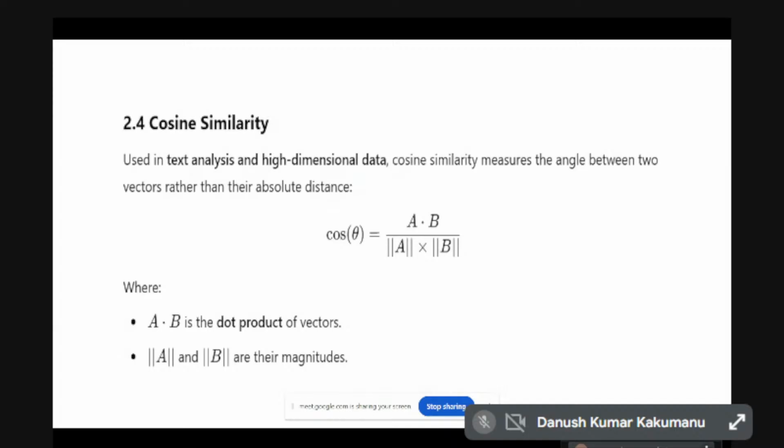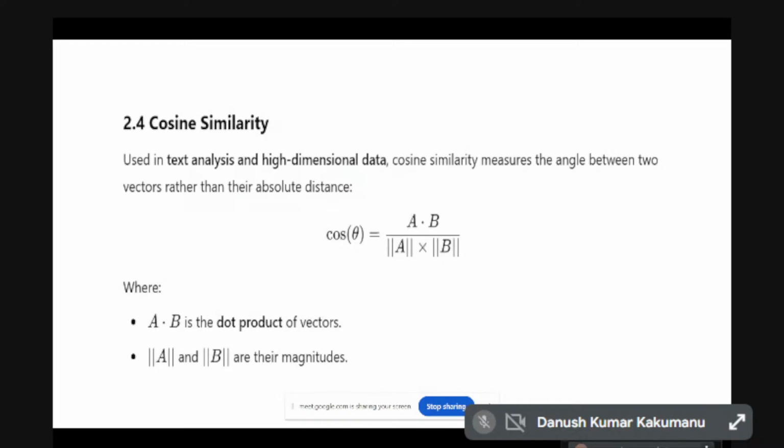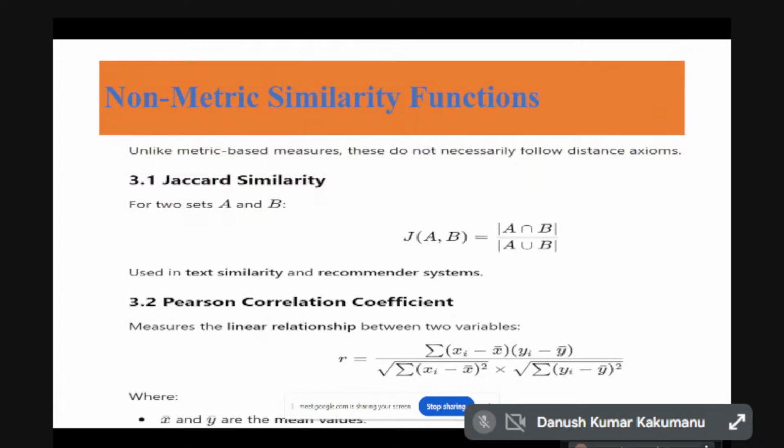Finish. Now keep a heading: non-metric similarity functions. So in your syllabus, the first topic and second topic are finished. Now this is the third topic, non-metric similarity functions.